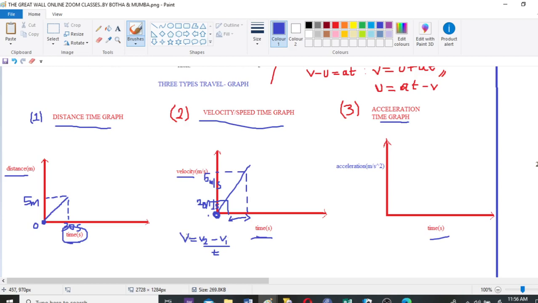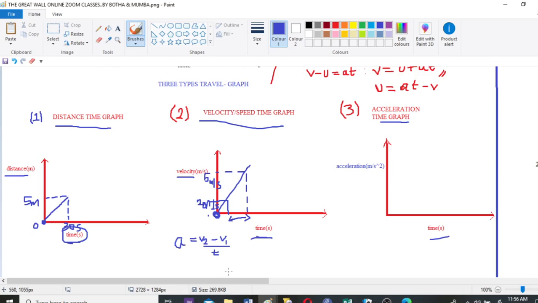So v2 minus v1 over the time in which the change has occurred is what we term as acceleration. Because we have involved time and the change in velocity, this becomes our acceleration, because acceleration, remember, is the rate of change of velocity.